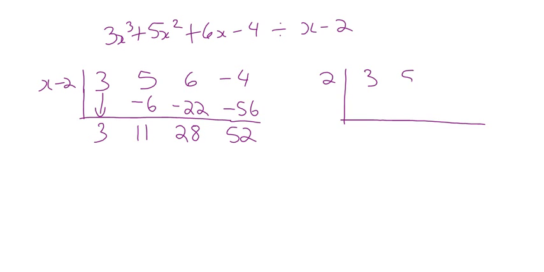You still go the 3, the 5, the 6, the negative 4. Bring down the 3. 2 times 3 is 6. Now you add 11. 22, add 28, 56, add 52. Wait, what? So the only thing changed was, instead of dividing by the factor, x minus 2, we divide by the root, positive 2, and then we add instead of subtract.